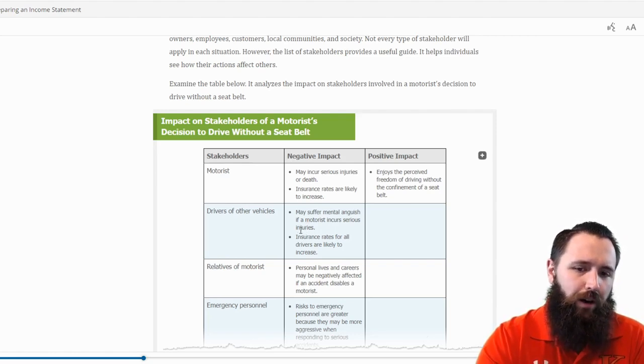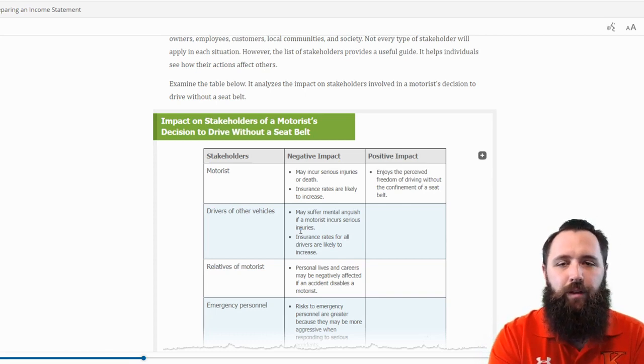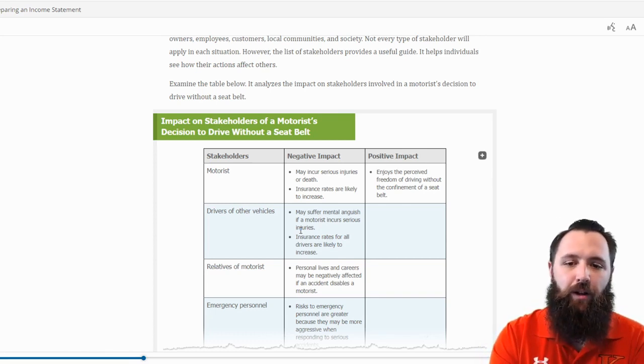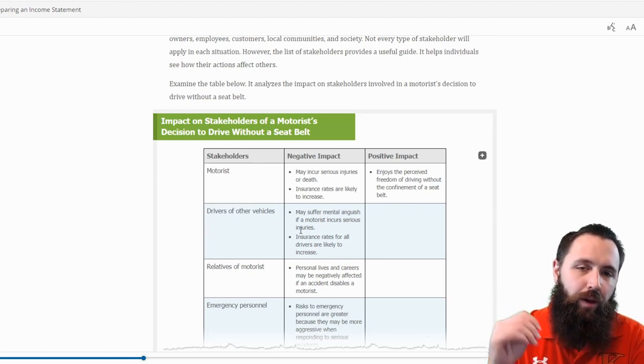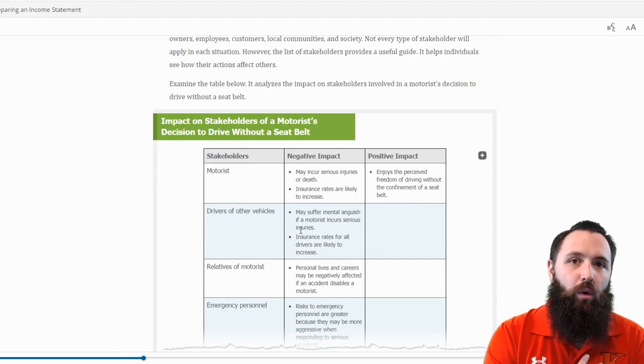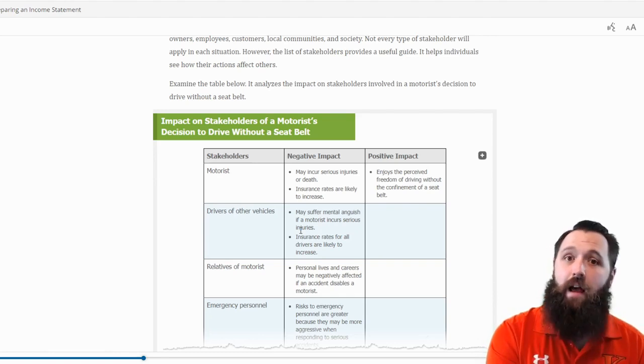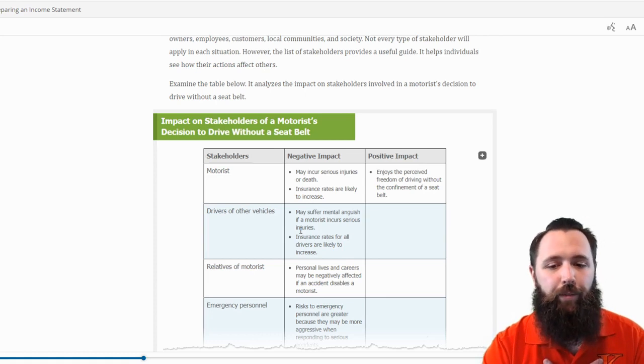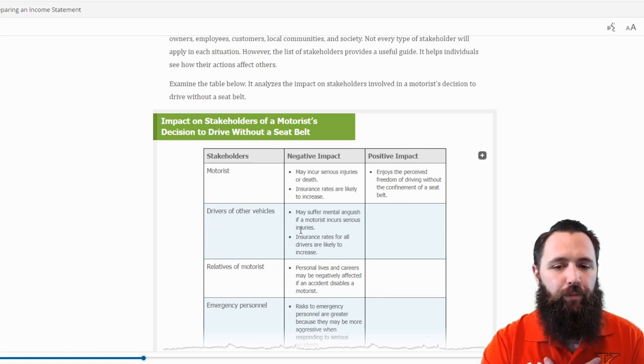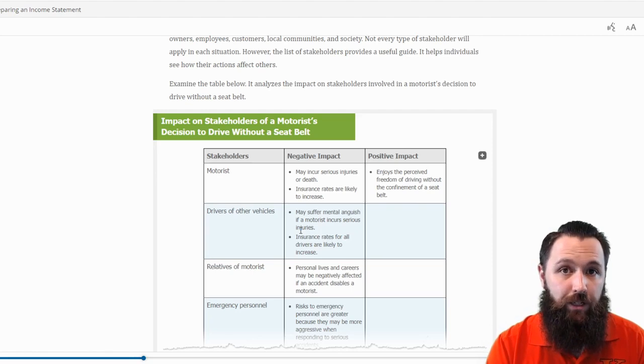Well, how does that work? If I'm the initial motorist that doesn't wear my seatbelt, how could that affect you? How could you be a stakeholder in what I'm actually doing? Well, maybe if I get in an accident and I get injured, insurance rates for everybody are going to go up because I didn't wear my seatbelt. What about my relatives, right?